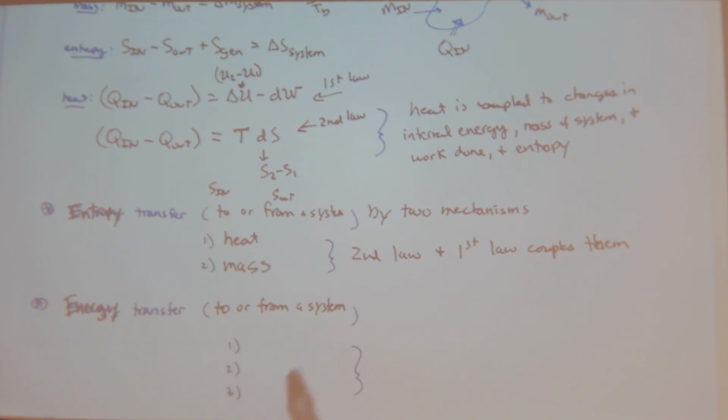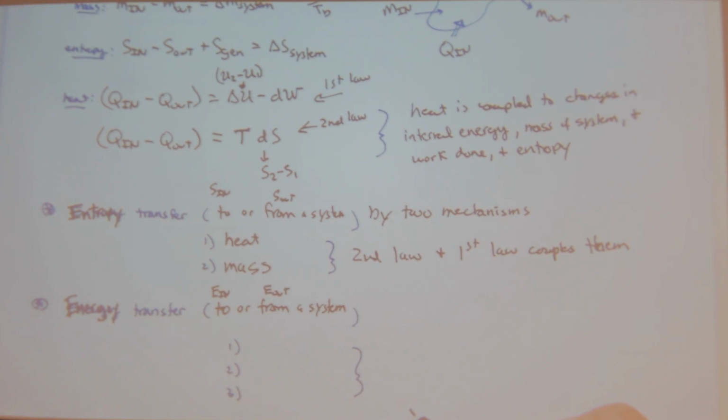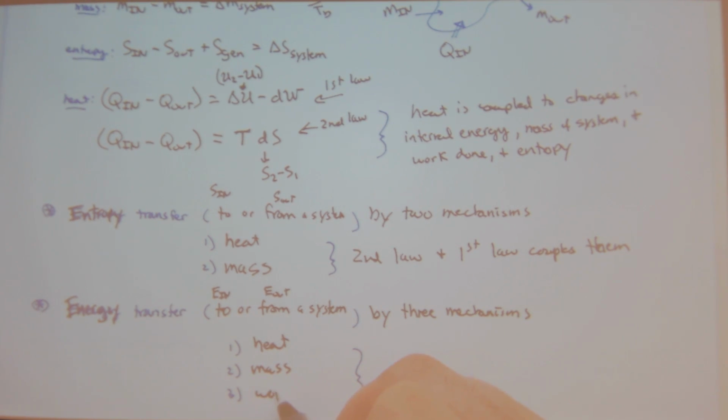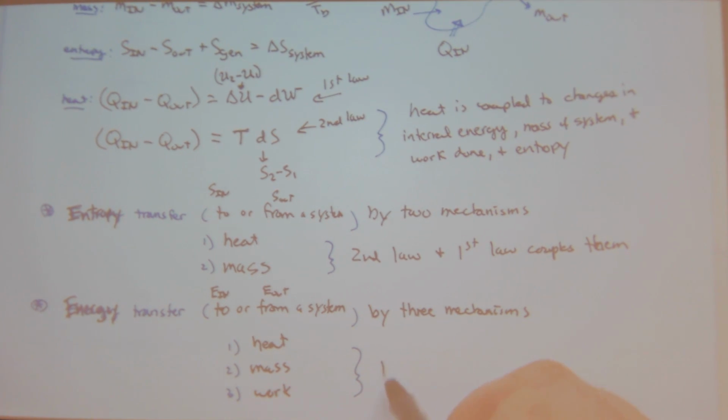Energy transfer to or from a system, energy in, energy out, is by three mechanisms. Heat, mass, and work. First law. Couples them.